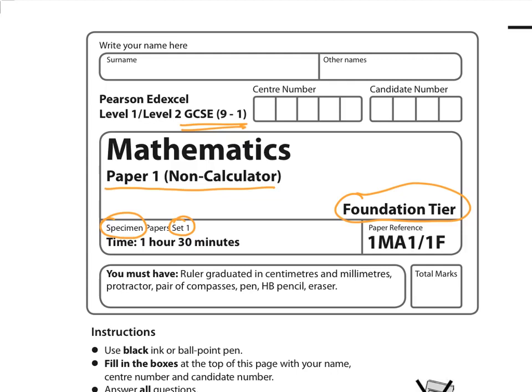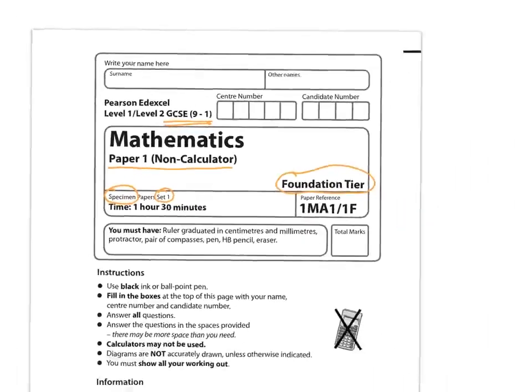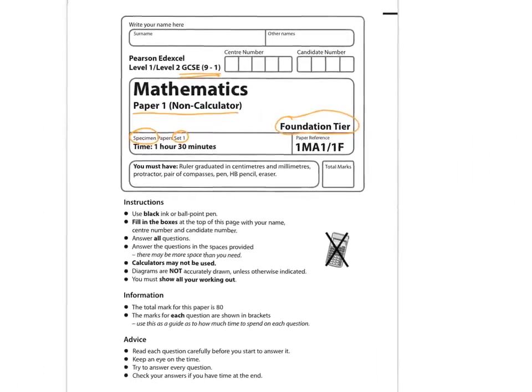And what I'm going to try and do is work through the papers and help you through the questions. So by next June, you'll be more than able to do well in your foundation and or higher GCSE paper. So that's the front page sorted here, and you can just read that at your leisure.